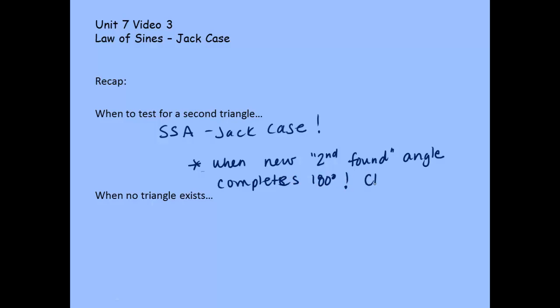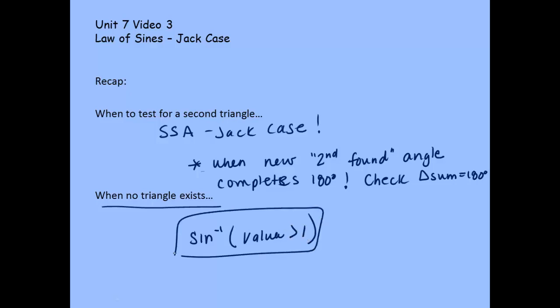So you have to check the triangle sum to equal 180 degrees. That's the only time there's going to be a second triangle. No triangles are going to exist if you're taking the sine inverse of a value that is greater than 1. It will never work. You will never find that value because this is not within its domain. So remember, anytime you're given an SSA case, you have to look for that second possibility.